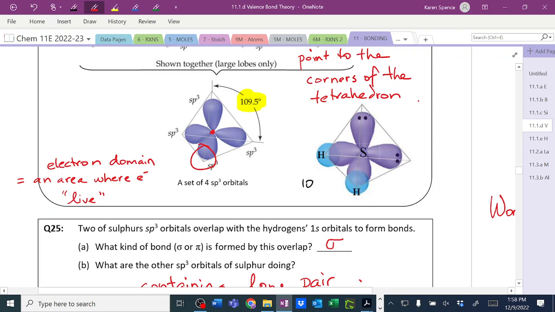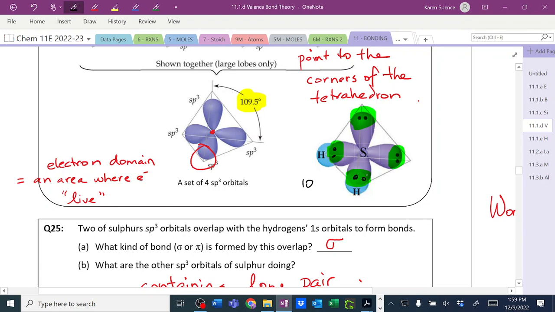And if we look at our hydrogen sulfide molecule, we have electrons living up at the top. We have electrons living at this corner of the tetrahedron. We have electrons living in between the S and the H, right? There's a pair there. And we have at our other corner a pair of electrons. So we have pairs of electrons in each of these positions.